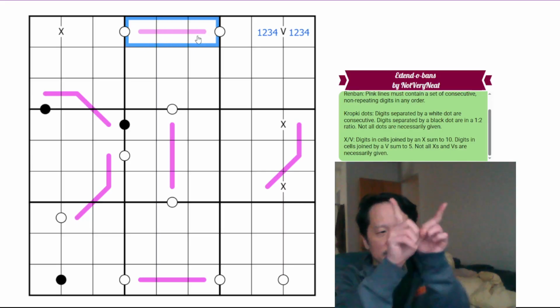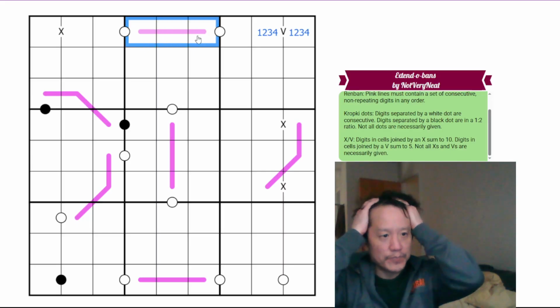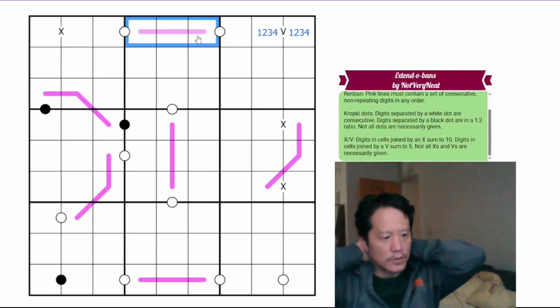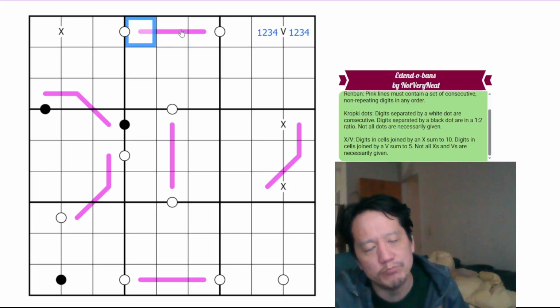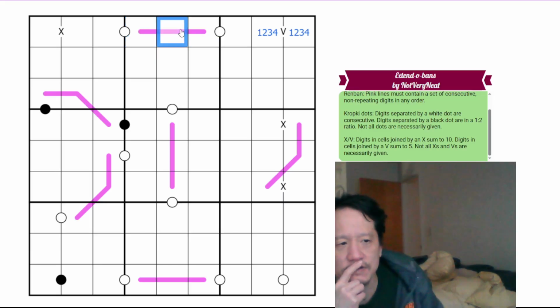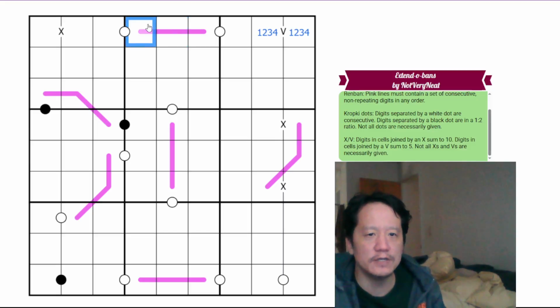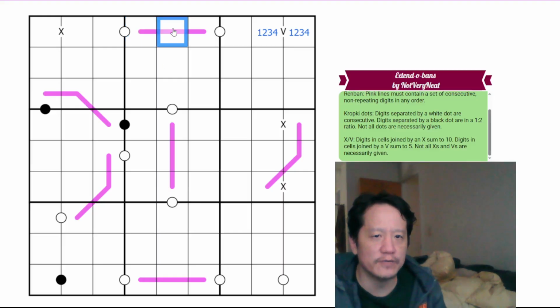Renban with extended parts there. So the middle digit cannot be these two. The middle digit has to be this one. Because this digit must be consecutive with one of these digits on the Renban, and it's consecutive with that digit. Same with this digit.